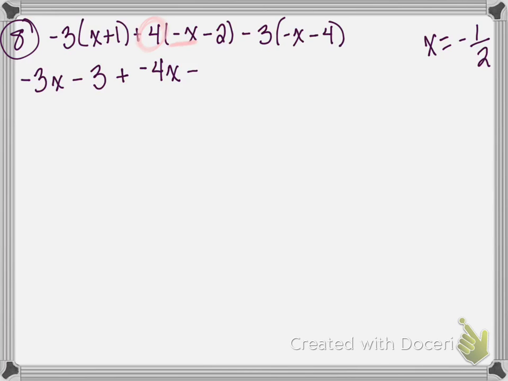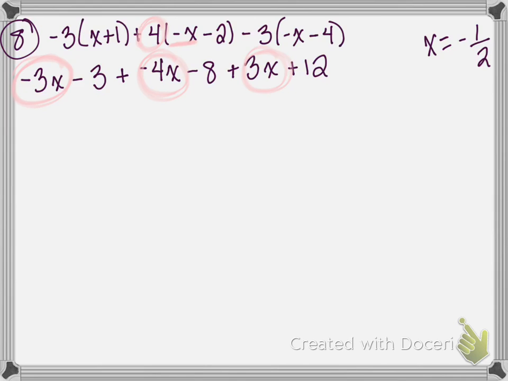That gives me minus 8. What's negative 3 times negative x? Positive 3x. Then I have negative 3 times negative 4. Positive 12.